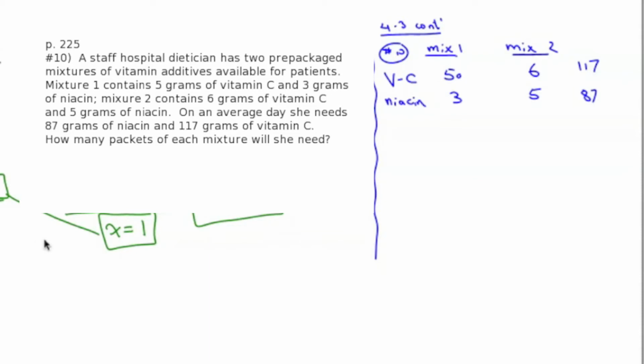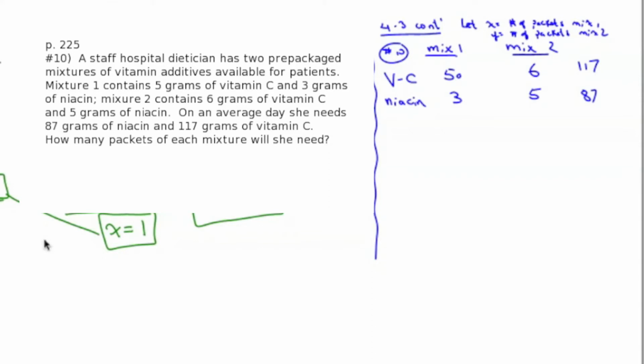So we're going to let X equal the number of packets of mix 1. Therefore, y is going to equal the number of packets for mix 2.